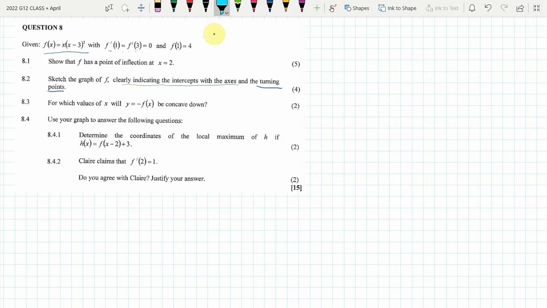How can you describe negative f of x in relation to f of x?